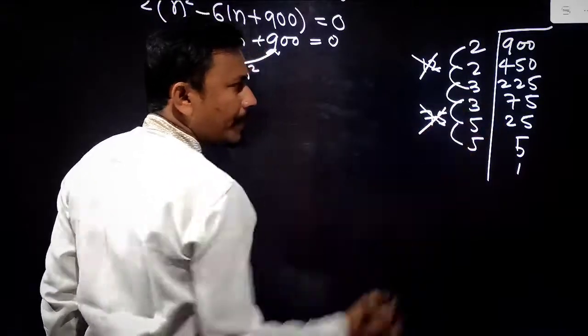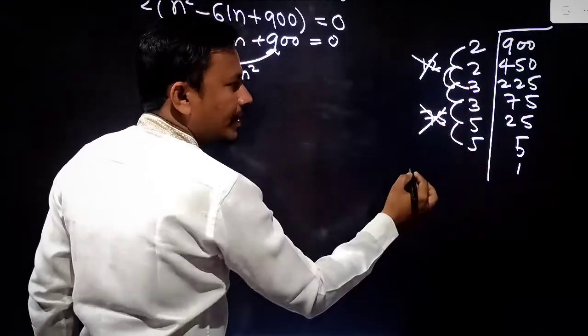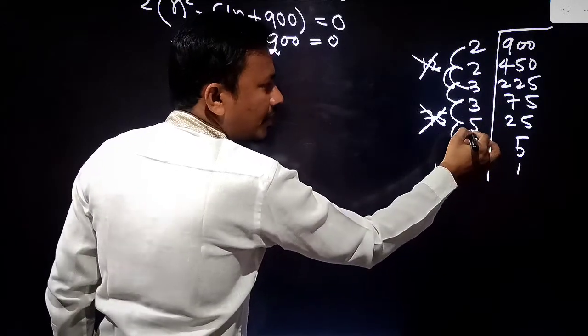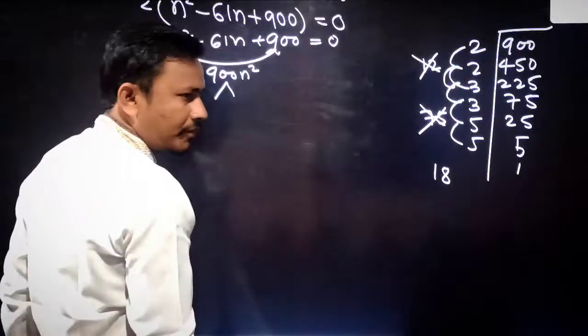3 3s are 9, 2s are 18. Next, which are left? 3 is used. 5 5s are 25, 25 2s are 50.